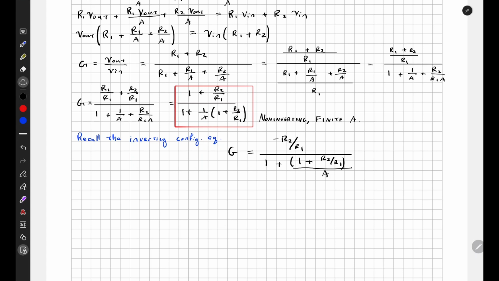There are some similarities across the two, but there's also some difference. The first similarity is they both have identical denominators.